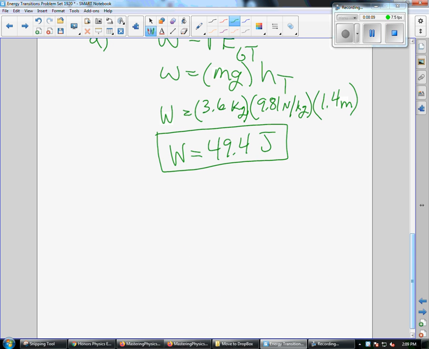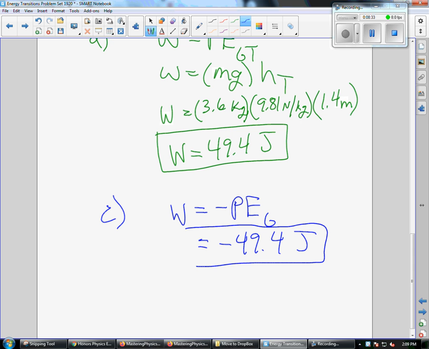Oh, so part C here should be just the work equals the opposite of the PE graph. So negative 49.4 joules. Yeah. But if I didn't do my graphs, I might not know that that had to be a negative.